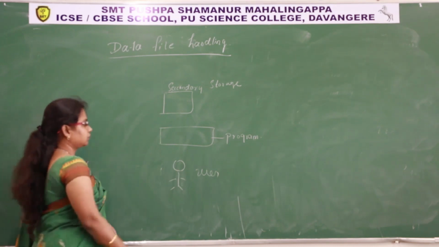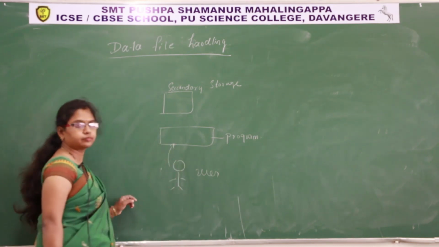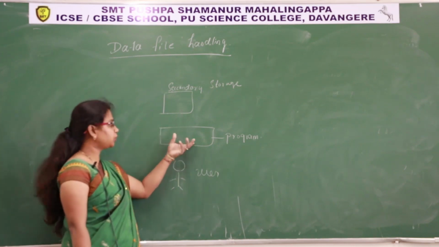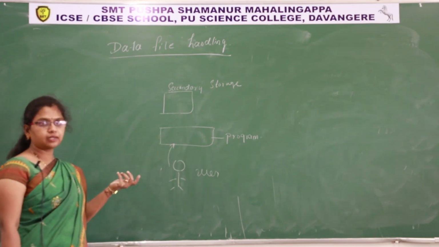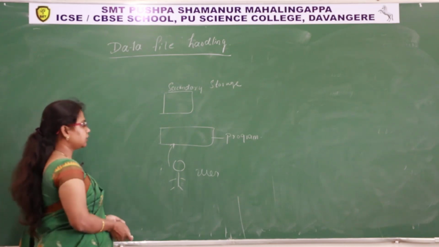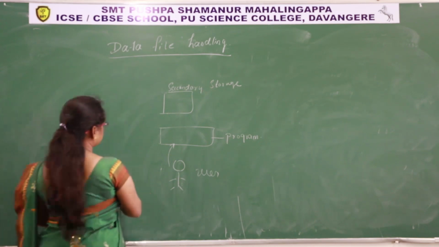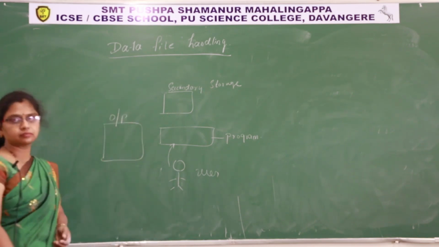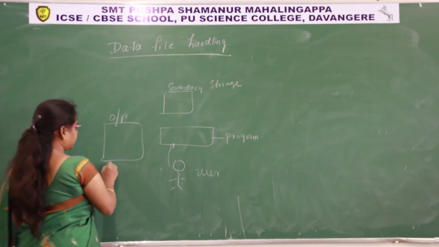The user interacts with the program, isn't it? The user will input data and the program receives the data, processes it and gives the result. Usually that result is displayed on the screen. This is the output screen, the monitor.